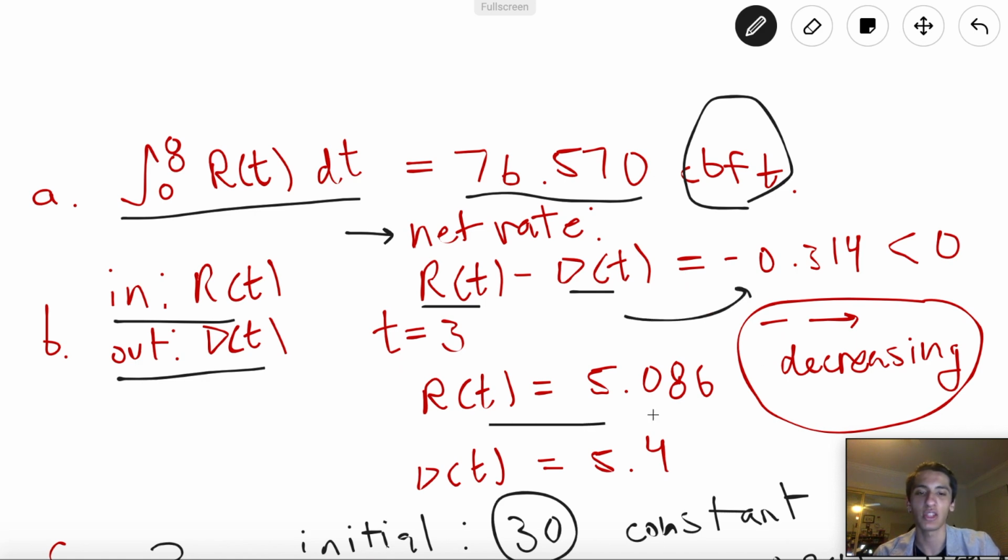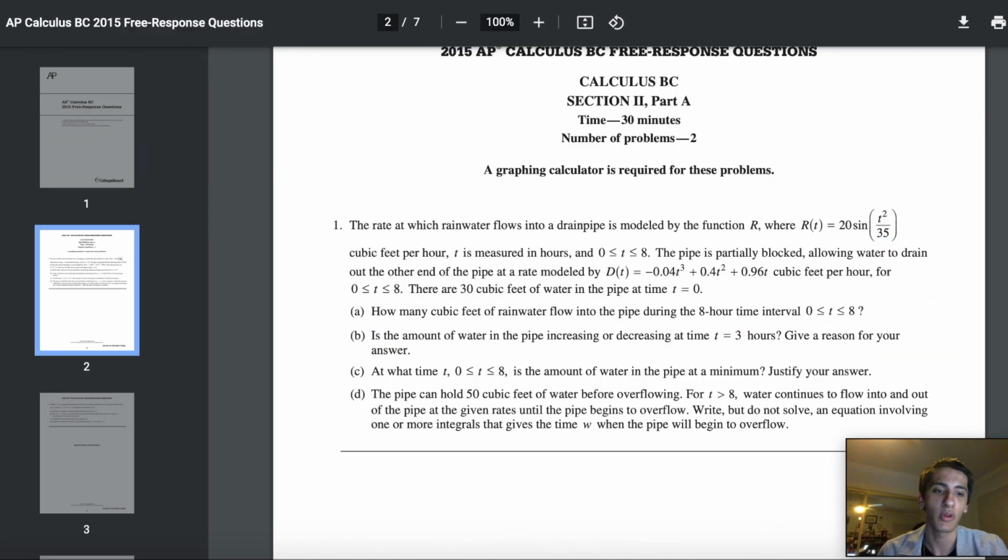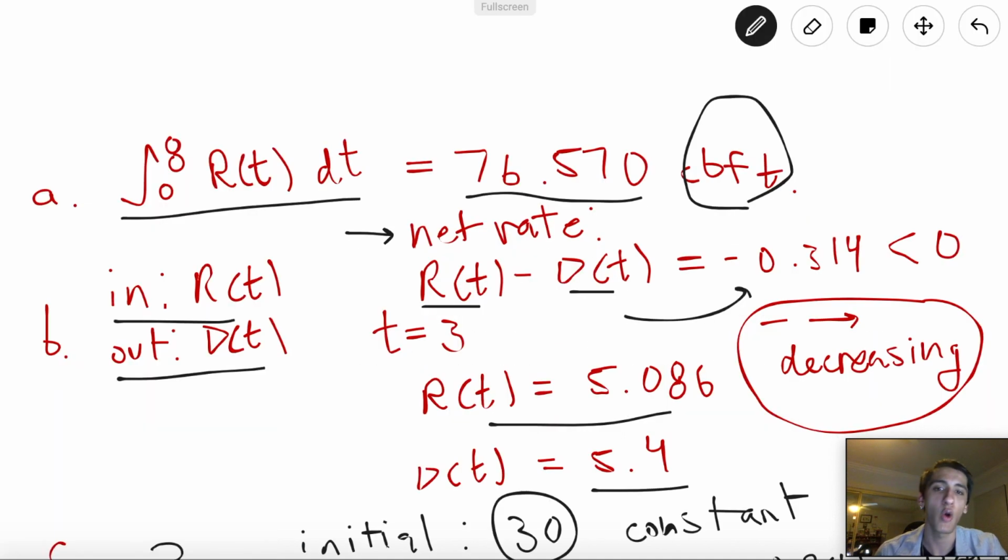You could show each individual value like I did down here, but one important part about these questions is that they say give a reason for your answer. So essentially you always have to justify what you're doing. Say that because the net rate is negative, that means the volume of water in the pipe is decreasing. Something like that. Simple enough. You just need to put words behind your work and not just have raw numbers everywhere.